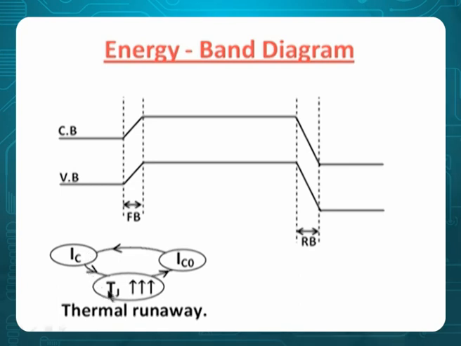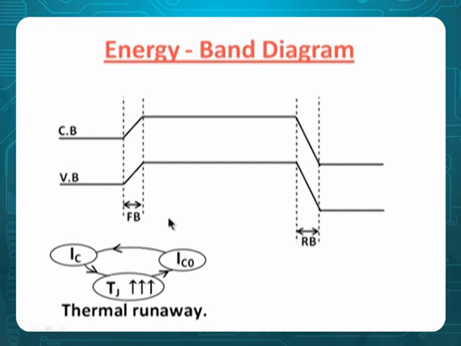So IC gives temperature, and that temperature affects ICO, and that once again affects IC. So this is called a cumulative effect, and that's called thermal runaway. This is how manufacturing is done.